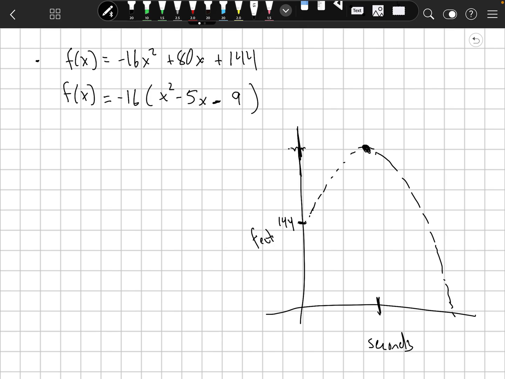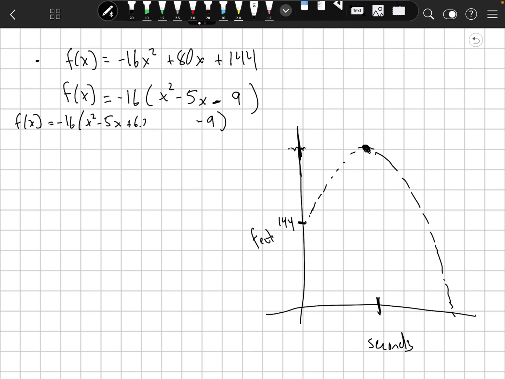I'm going to see if I can maybe rewrite this a little bit. -16 times x squared minus 5x, and then big space minus 9. This is all in parentheses because we factored out a -16. Now let's half the 5. That's 2.5. And then we have to square. That's going to be 6.25.